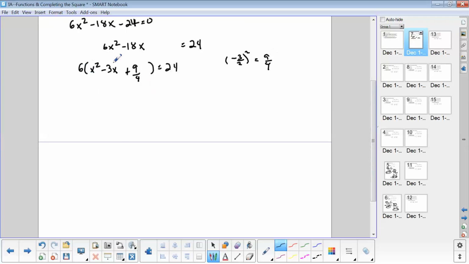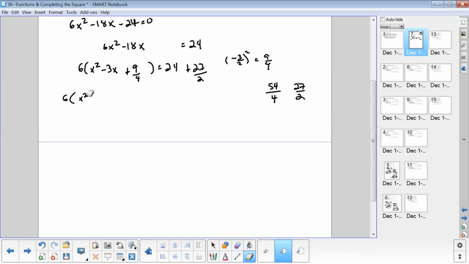So that's what I'm going to add here, 9/4. Or I'm going to add 6 times 9/4, and 6 times 9/4 would be 54/4. And both 54 and 4 are divisible by 2, so that would be 27/2 that I'm going to add to this side. So I'm going to get 6, open parenthesis, x squared. Well, I have that already created, so I'm not going to rewrite it.